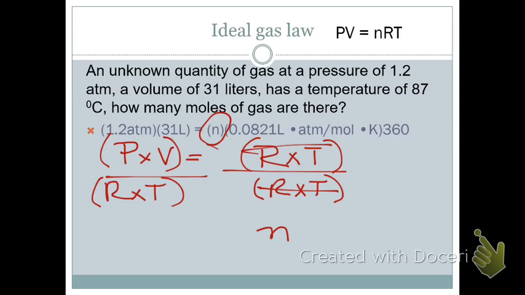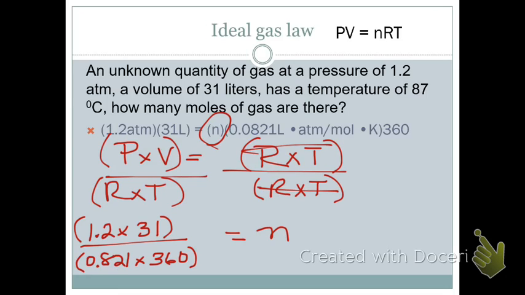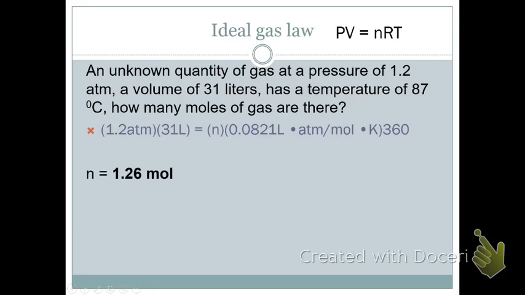N is then equal to, open parentheses, 1.2 times 31, divided by, open parentheses, 0.0821 times 360, close parentheses. Press the equal sign, and our moles should be 1.26. We are asking for moles, so we get moles as our unit back.